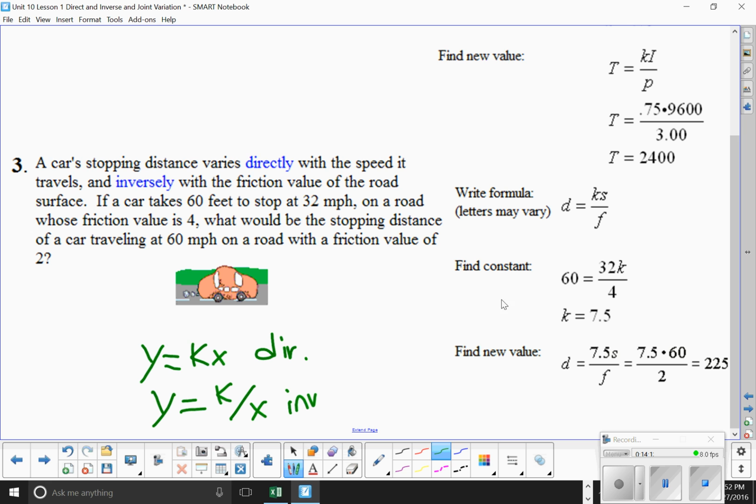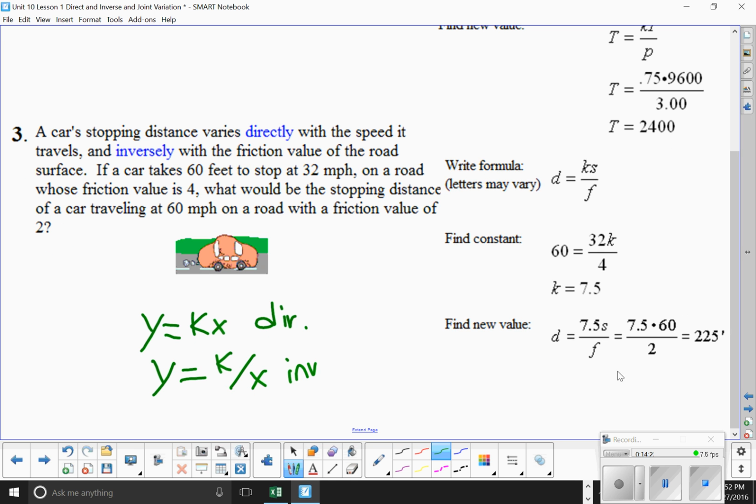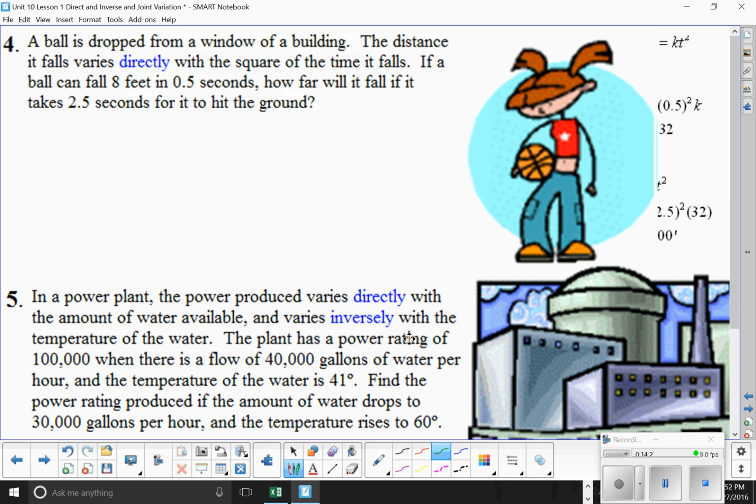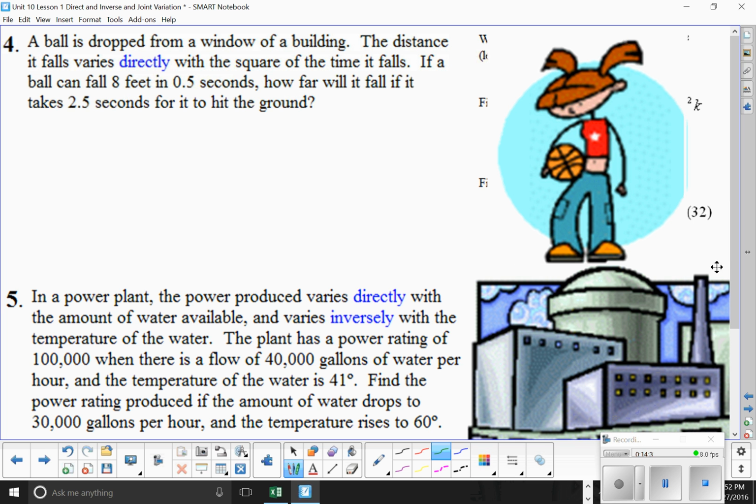Take the time to write the formula and then plug in the values. Oops, there we go, 225 feet. Alrighty. Here's another one. Actually, another 2. Try these out.